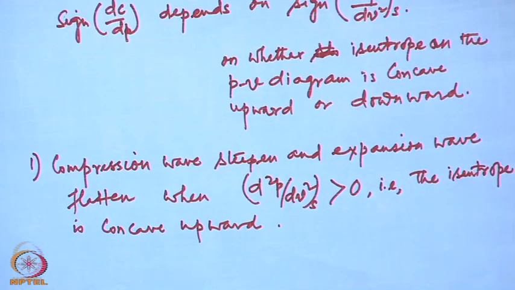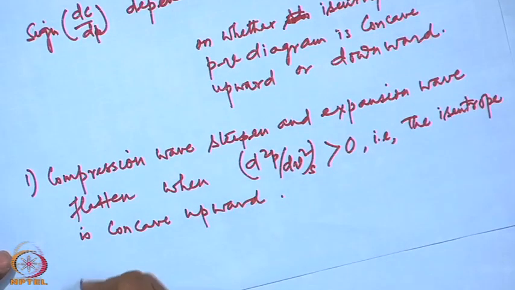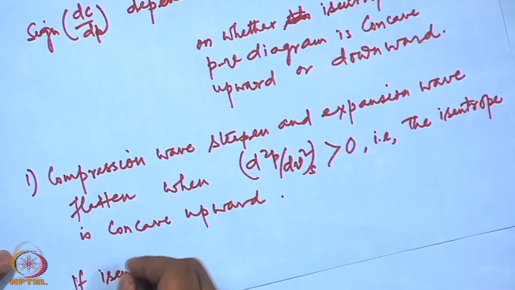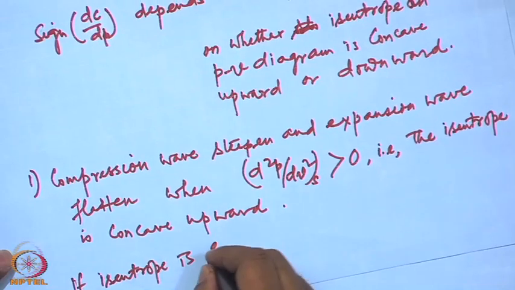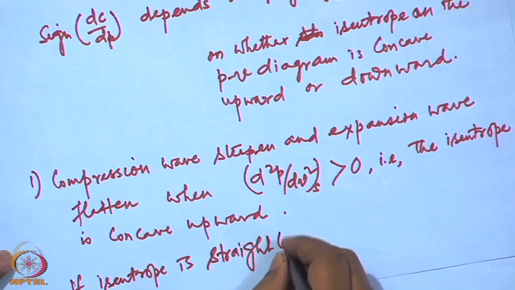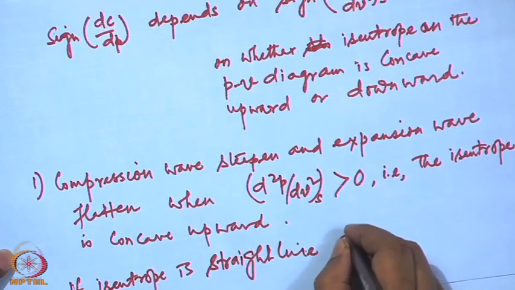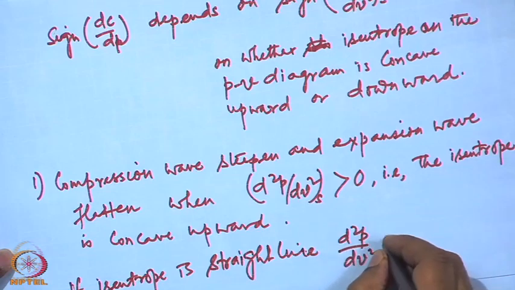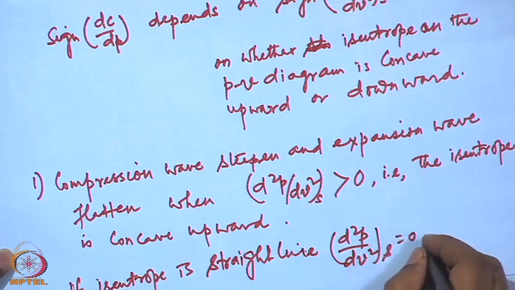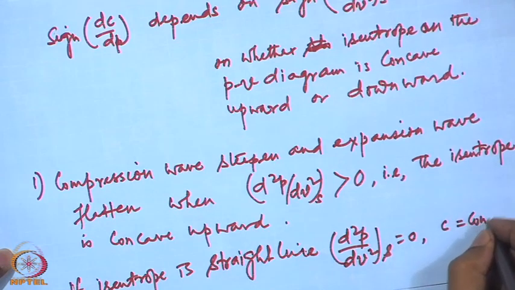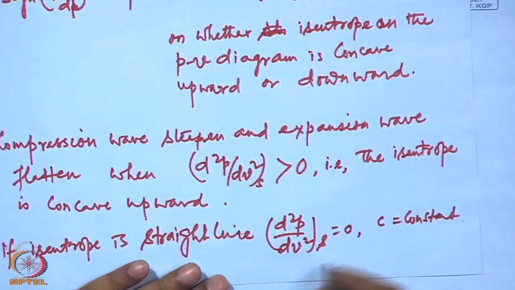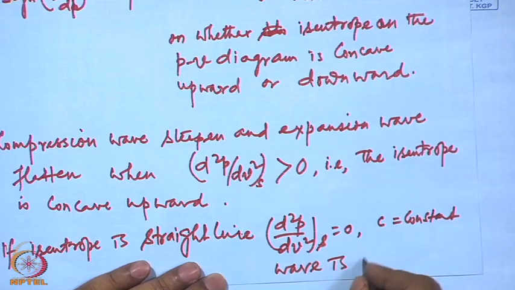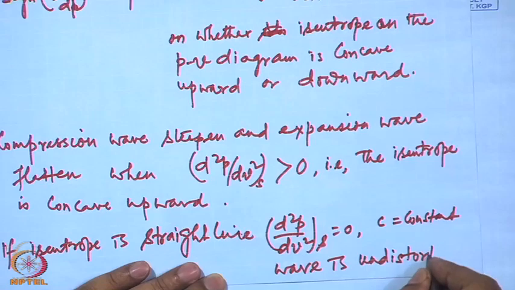If the isentrope is a straight line, that is the second derivative d2P/dV2 is 0, then of course the wave speed remains constant and the wave is undistorted.